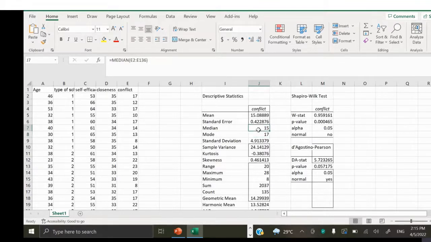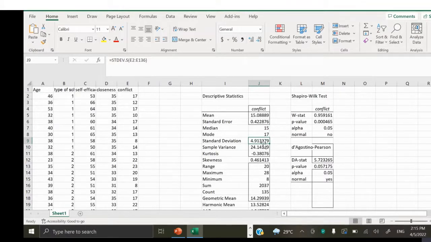You would see that the mean, median, and mode are fairly the same, except for the mode, which is 2 points higher, but the mean and the median are the same. Somehow this distribution may be normal.